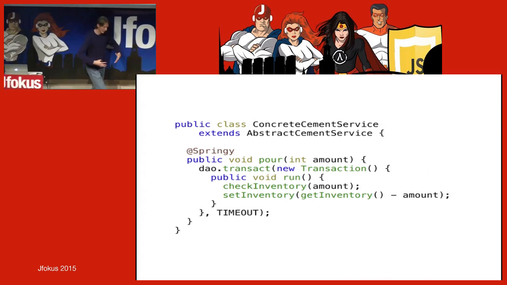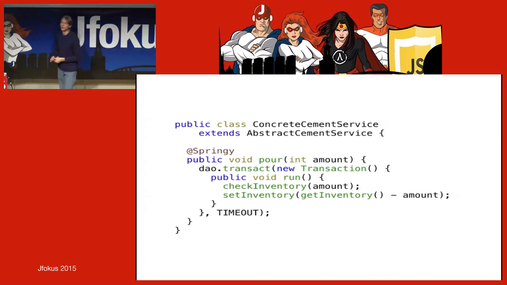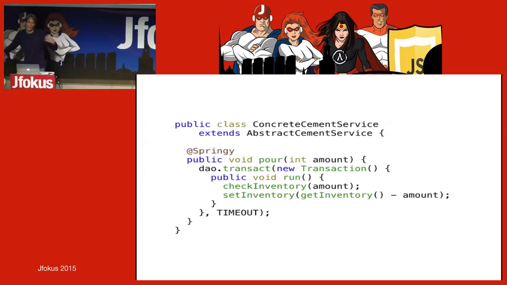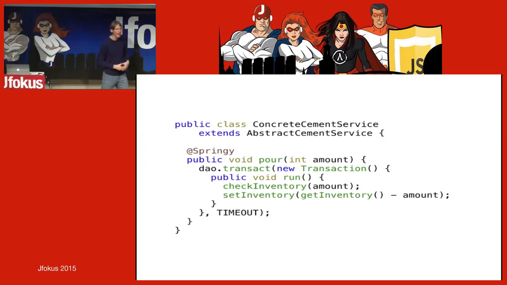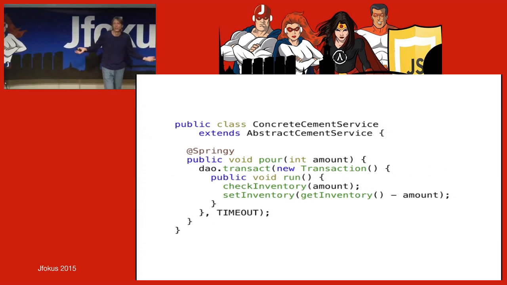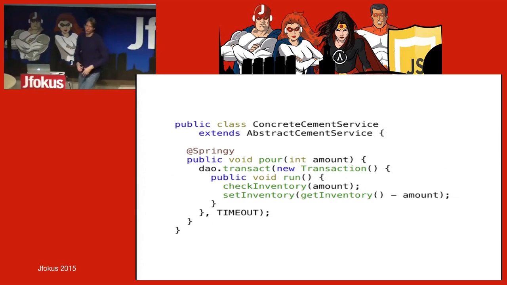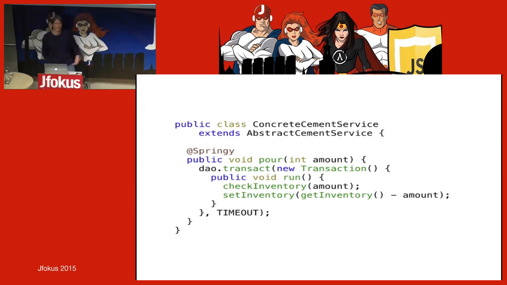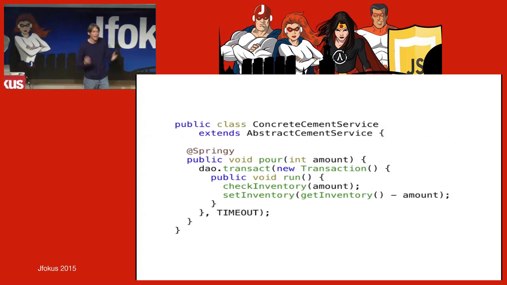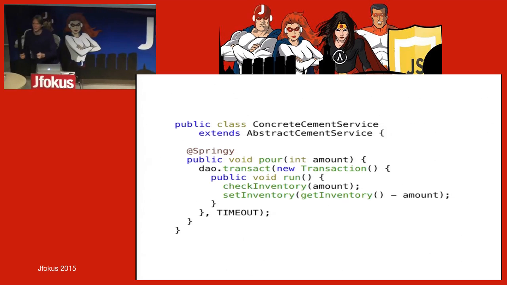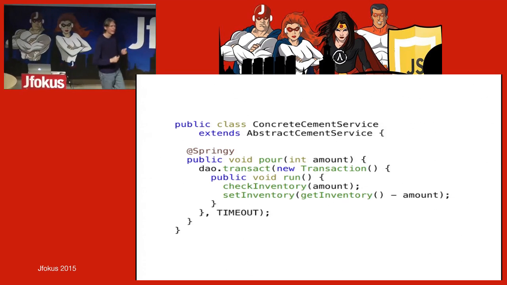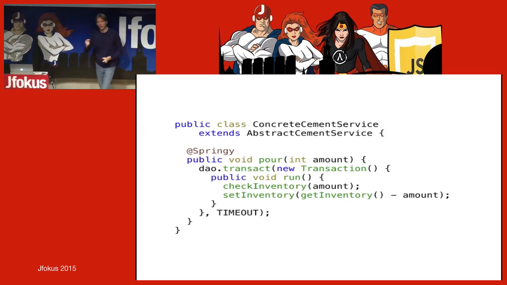My guess would be that it checks whatever amount of cement we have in storage, and if we don't have enough to pour the load that was requested, then it'll throw an exception, I guess, and fail the transaction. I don't know what we're doing here. I'm guessing it's throwing an exception because it's not connected to anything. Connecting it to things will make that clearer and easier to understand. We have to guess what this function is doing.